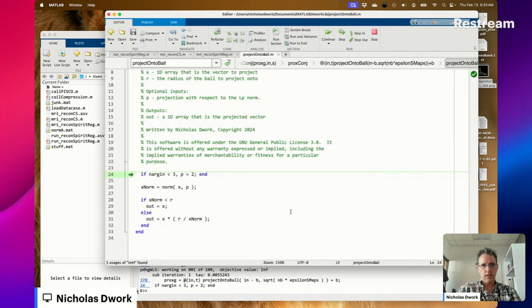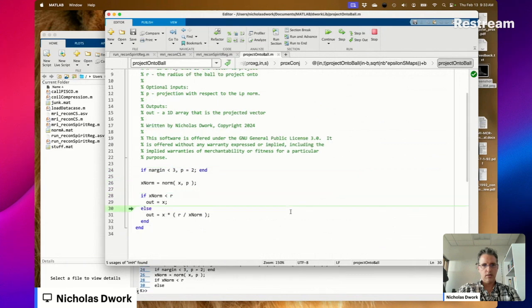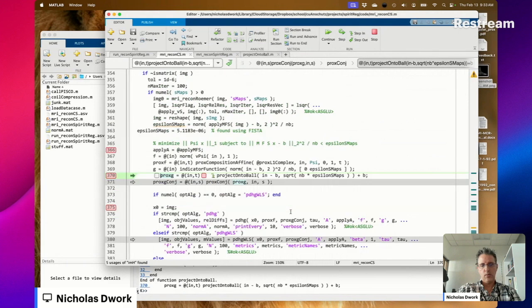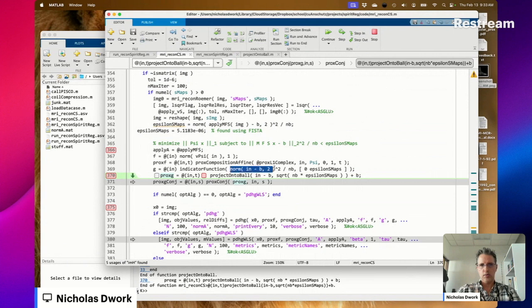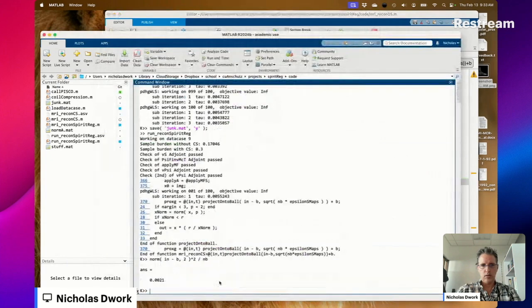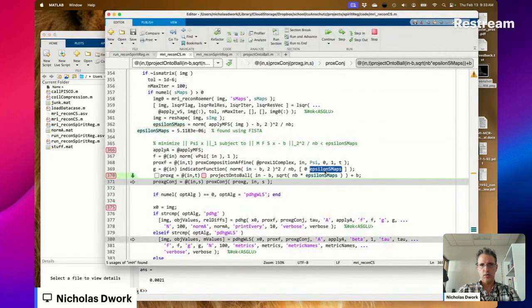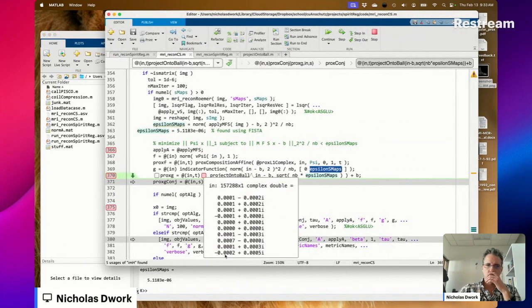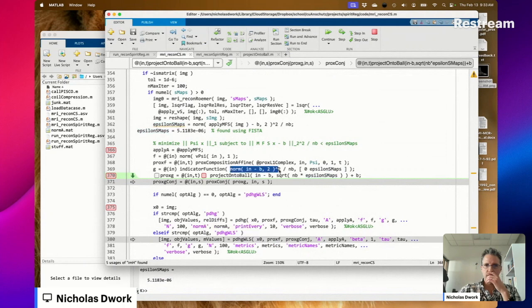Okay, let's see. After the projection, this is supposed to be less than or equal to that, and it's not.